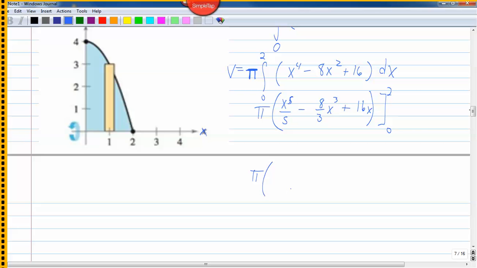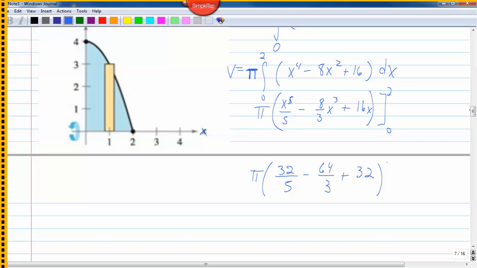Pi times 2 to the 5th is 32 over 5, minus 8 times 8 is 64 over 3, plus 2 times 16 is 32.